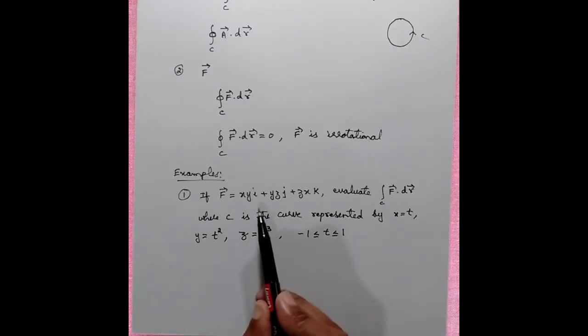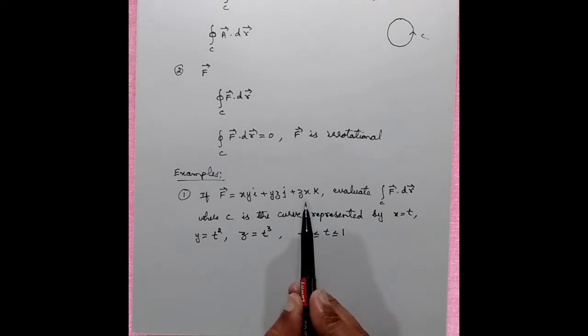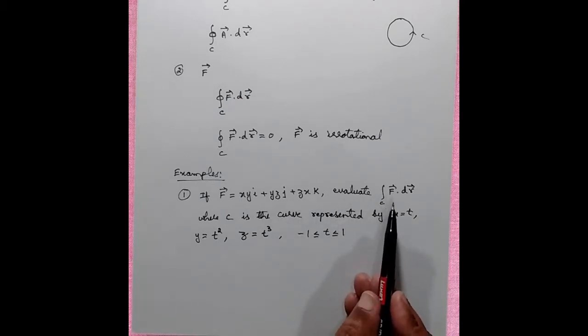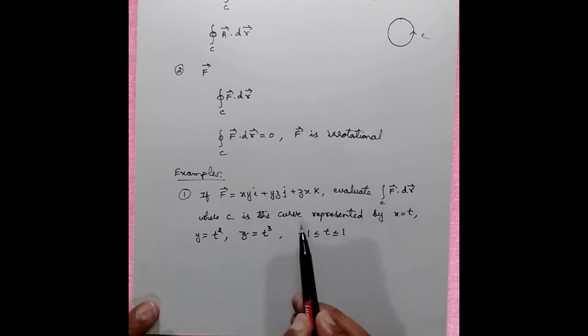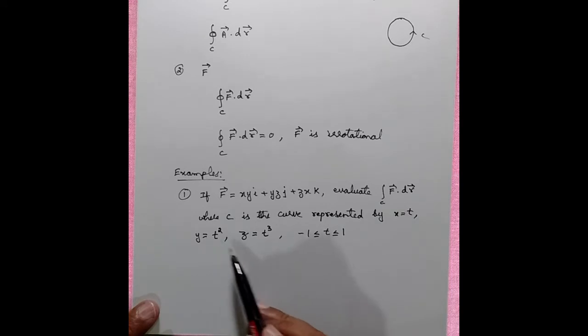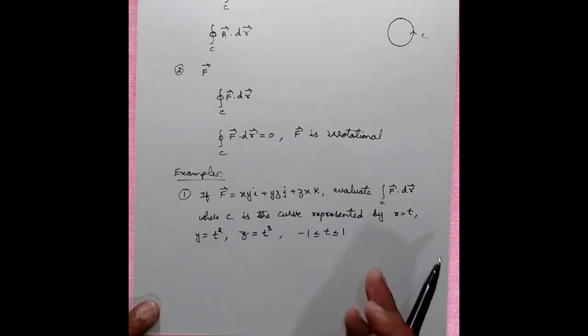If vector F is equal to xy into i plus yz into j plus zx into k, evaluate the integral over C of vector F dot dr, where C is the curve represented by x is t, y is t square, z is t cube, and the range for t lies between -1 and +1.